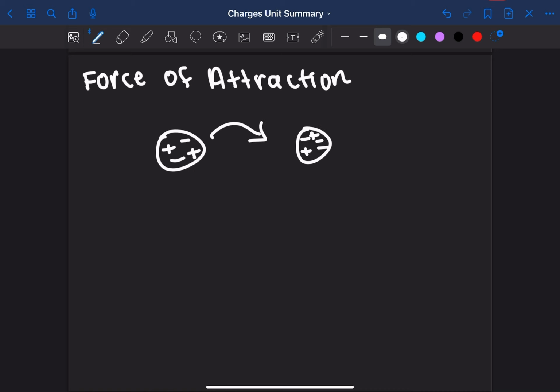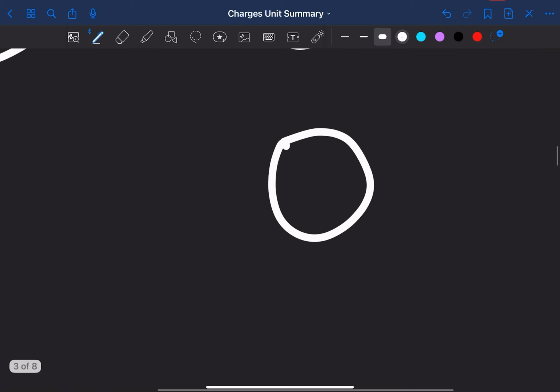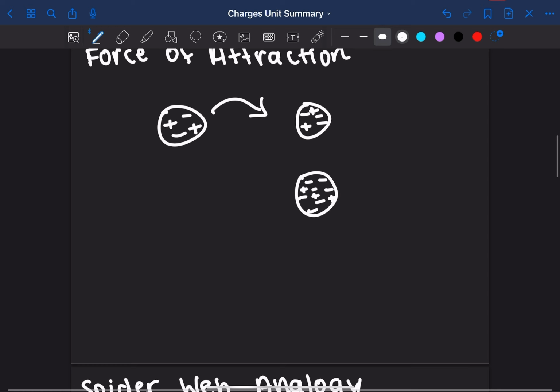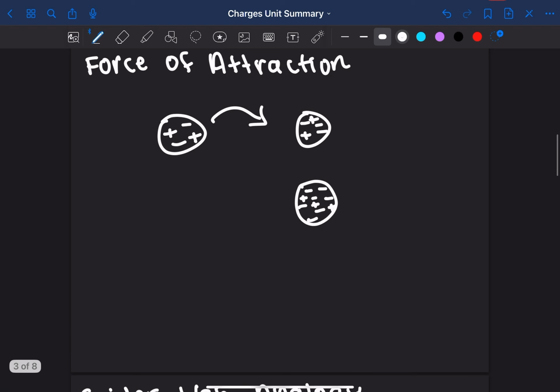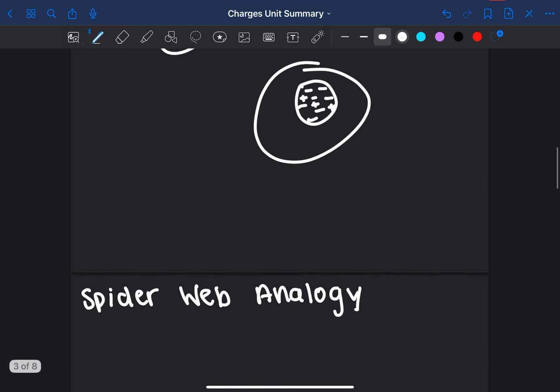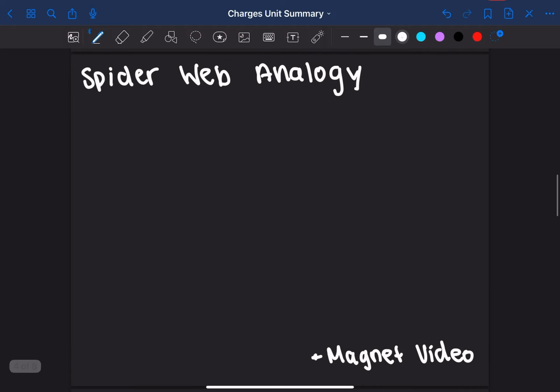That's going to be a lot weaker than if we have something else that has, I don't know, say 7 negatives and 3 positives, which is going to have a net charge of -4. And then also, if an object is going to be closer to this object, it's going to experience a greater force of attraction if it's the opposing charge.